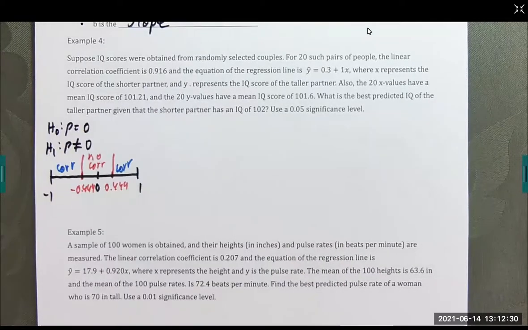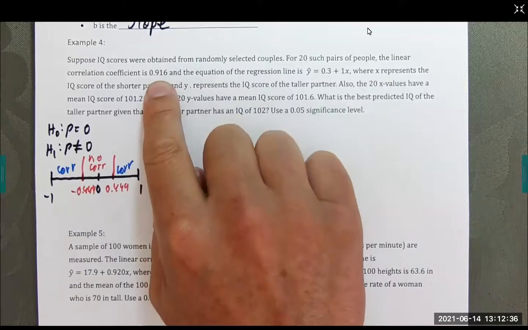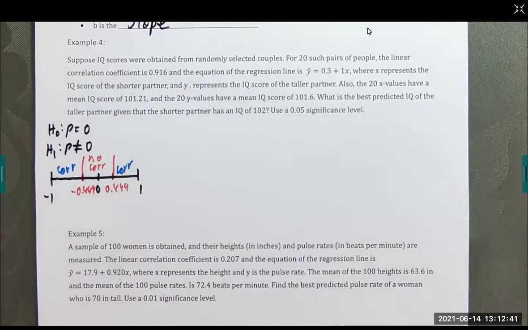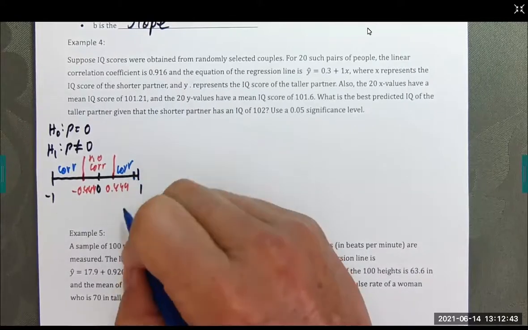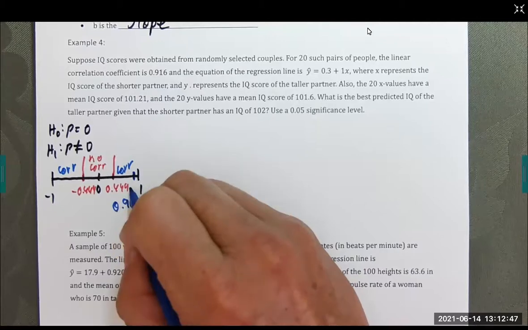So they have already given us what R is, so we didn't have to figure that out. R is way out here. So this is 0.916. So there is a linear correlation.